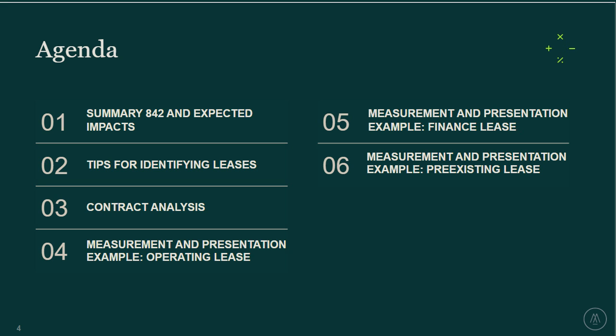Third, we're going to walk into contract analysis, some measurement and presentation examples. So we're going to get you all the way from the example to the debits and credits. And then we're going to go through the operating lease, through a financing lease, and then some of the ideas on the measurement and presentation of pre-existing leases. What do we do about stuff that we already have sitting on our books today?